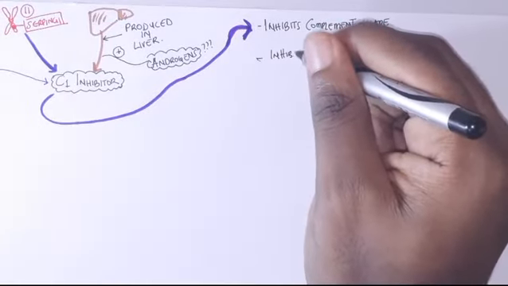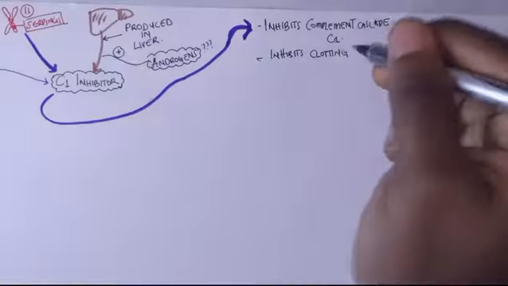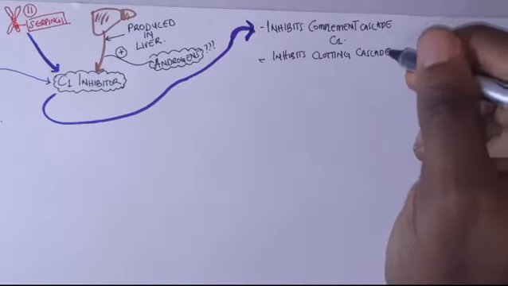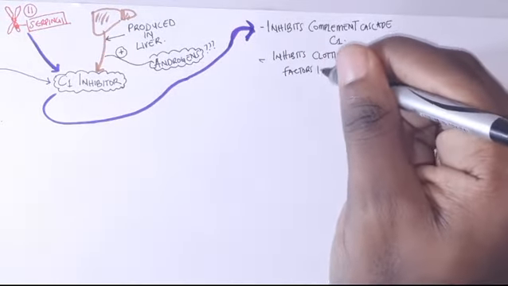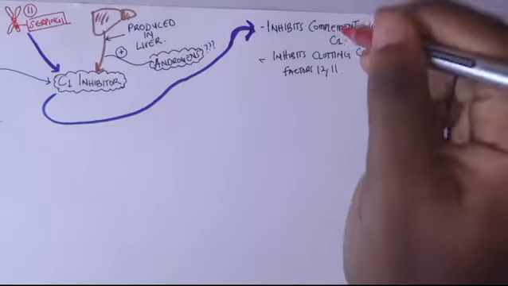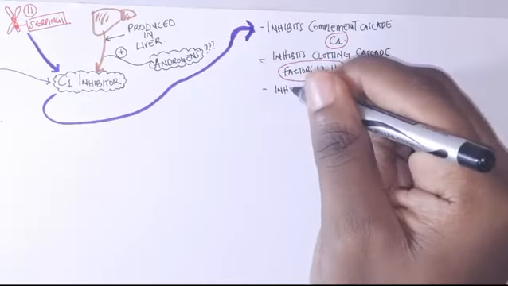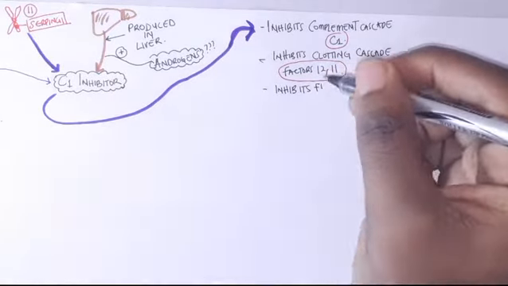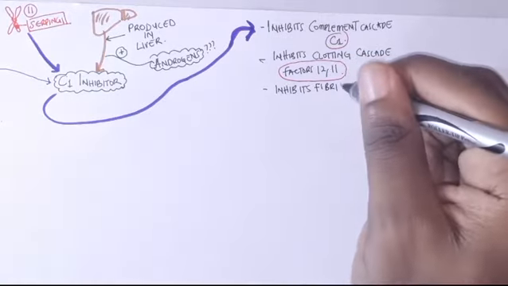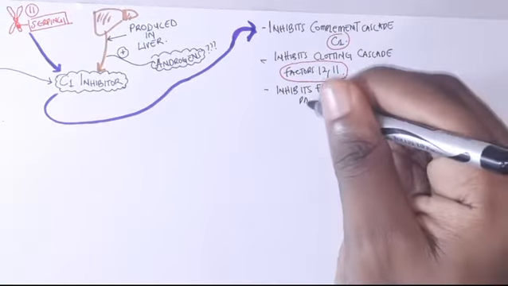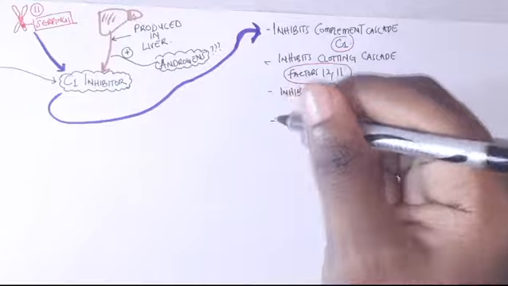It inhibits the clotting cascade too, by specifically targeting factors 12 and 11. It inhibits the fibrinolytic pathway also. It inhibits a lot of pathways, but I guess the most popular one was inhibiting the complement cascade, which is why it was named C1 inhibitor.